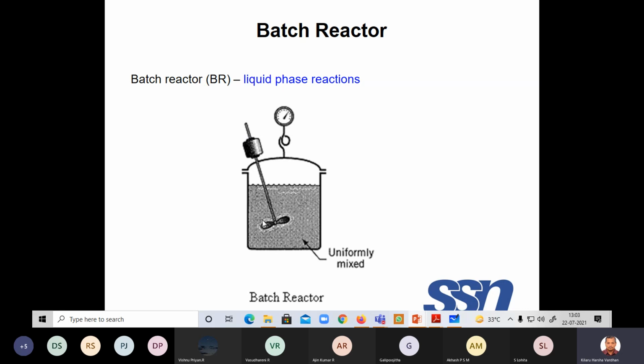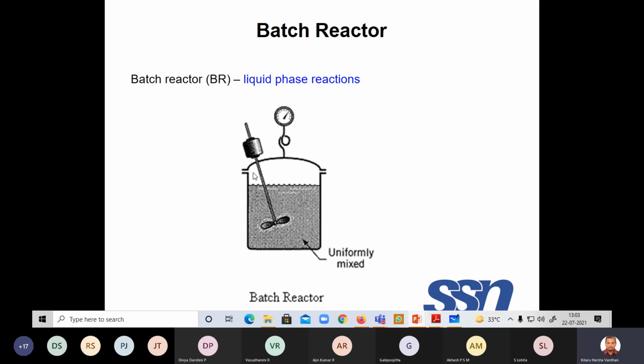This stirrer stirs the entire components or raw materials so that uniformity is achieved. There is an input, an output, and a pressure indicator to show any changes in the pressure. In a batch reactor, generally liquid phase reactions are used.